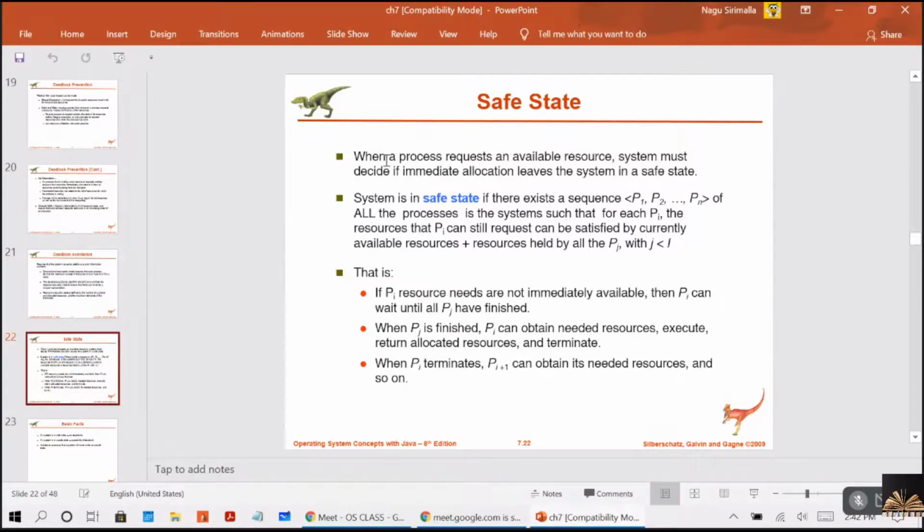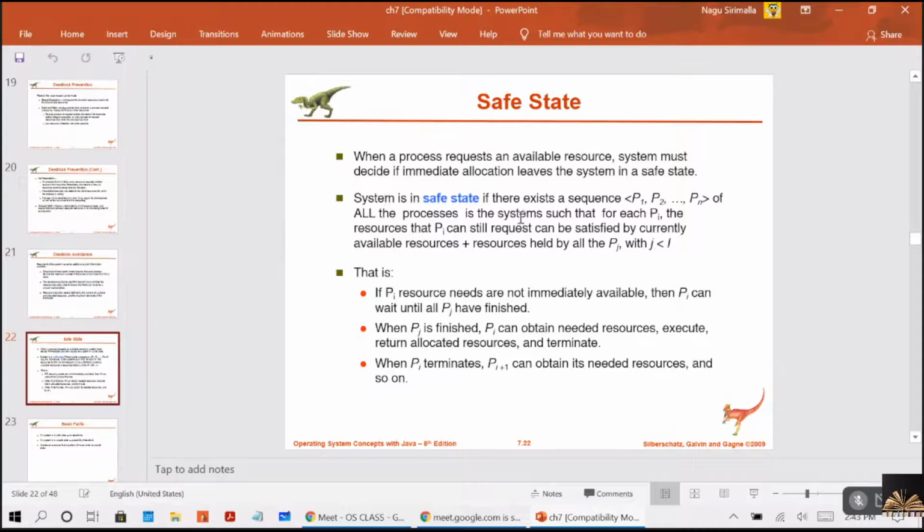What we mean by the safe state algorithm is, we should make sure that the process is in the safe state by giving them the maximum number of resources that are possible for the allocation and making sure that there is no deadlock. It is not entering into the deadlock state. So when a process requests an available resource, the system must decide if immediate allocation leaves the system in a safe state or not.